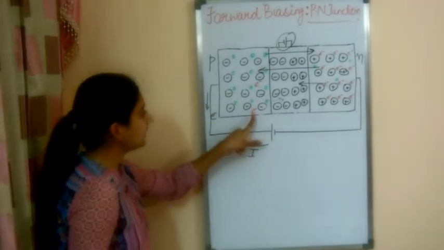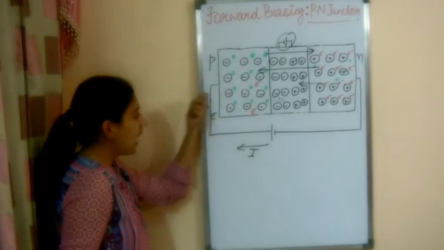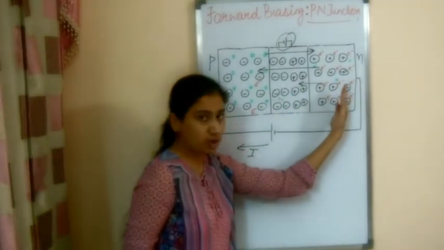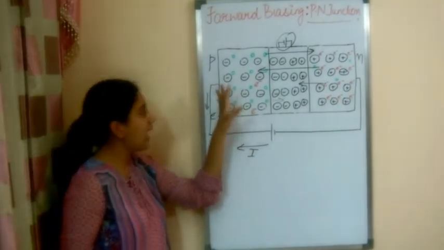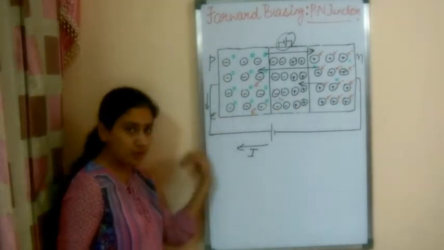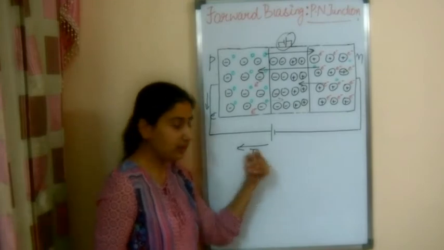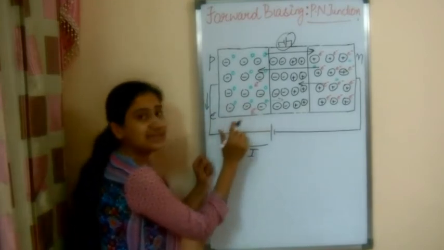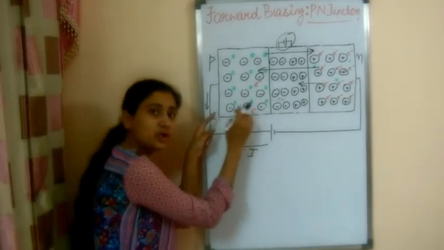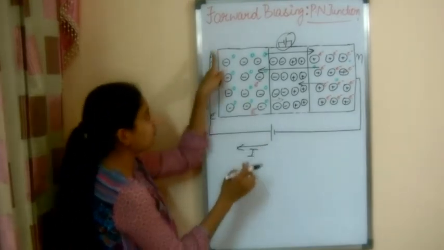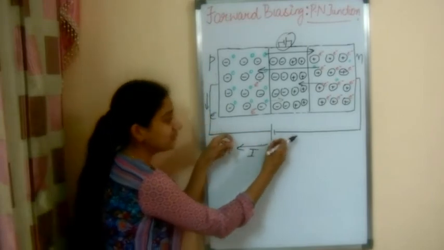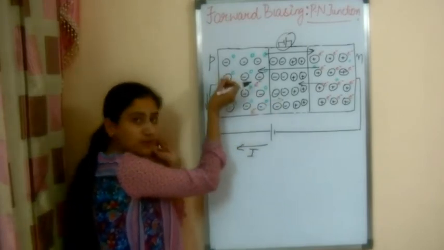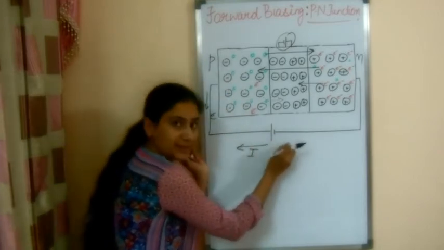So either we can say that these electrons which can cross the junction and are not compensated move towards the P terminal, or we can say that this P terminal pulls the electrons which are present in the covalent bonds of the P-type semiconductor. What this terminal does is make the bonds break and the electron moves out towards the P terminal.